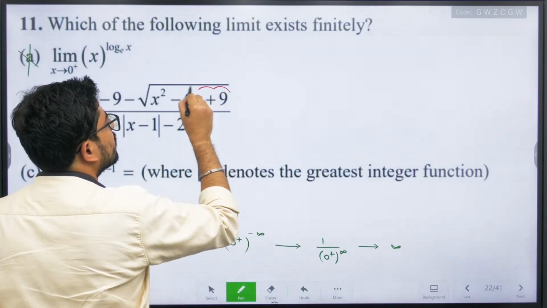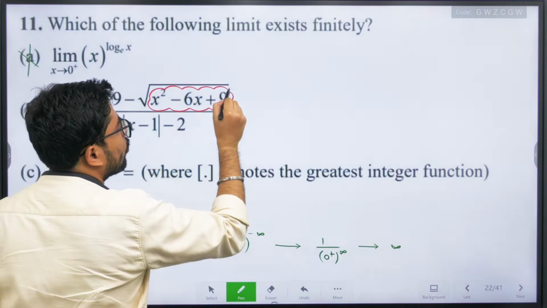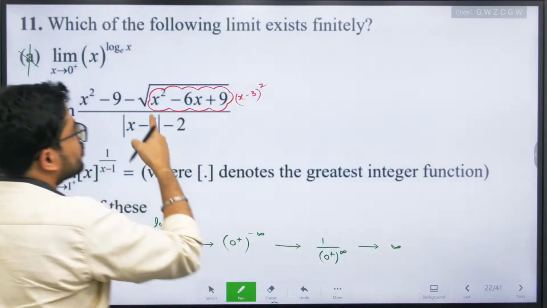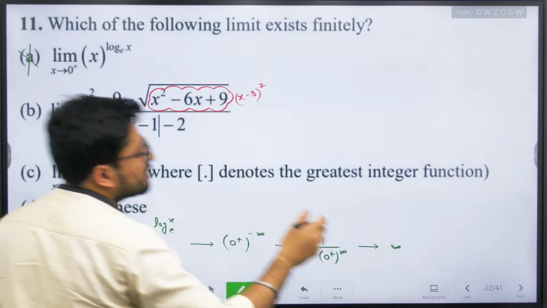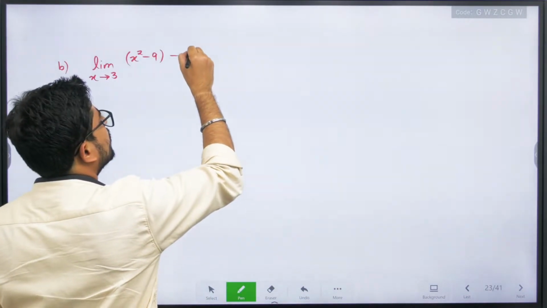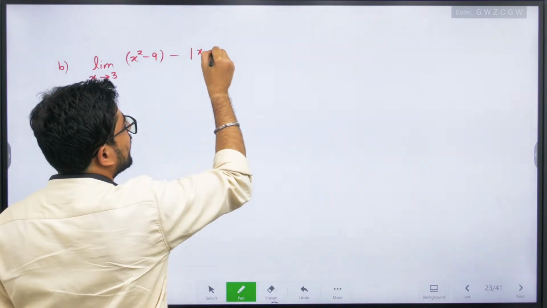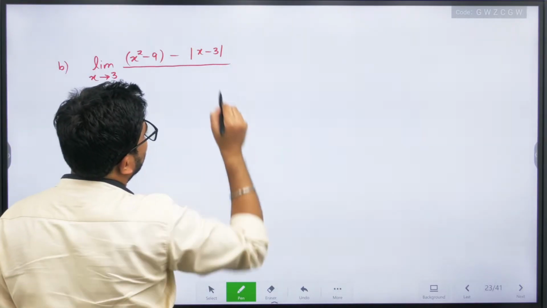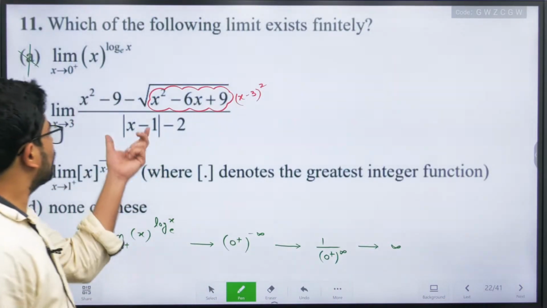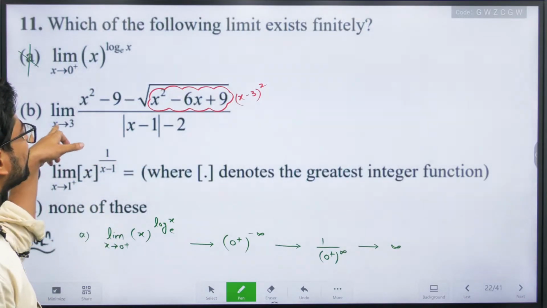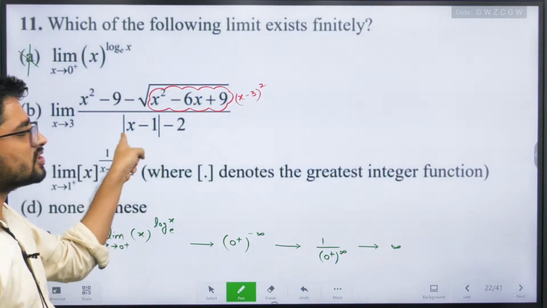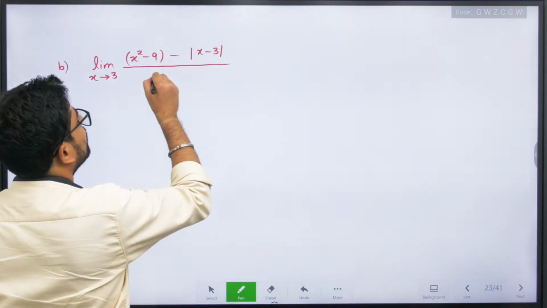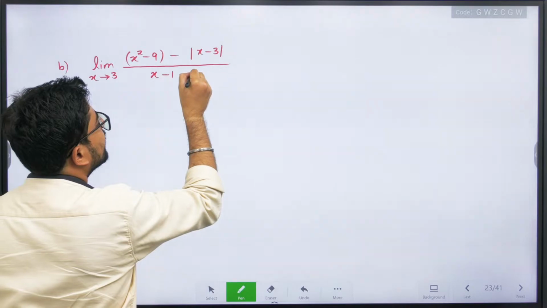And this thing under root is x minus 3 whole square. So under root of x minus 3 whole square is mod x minus 3. Divided by this thing is mod x minus 1. So mod x minus 1 whenever x tends to 3 is positive, so mod opens with positive sign. So the denominator is x minus 1 minus 2.